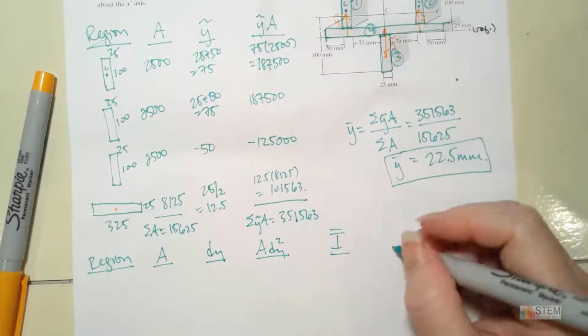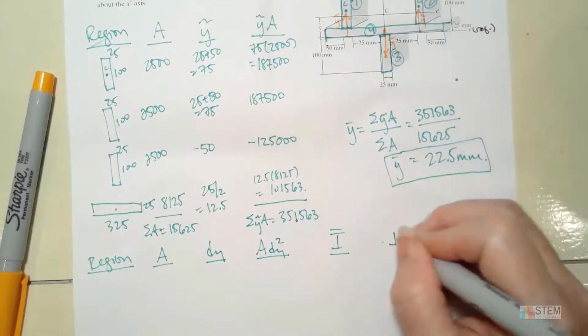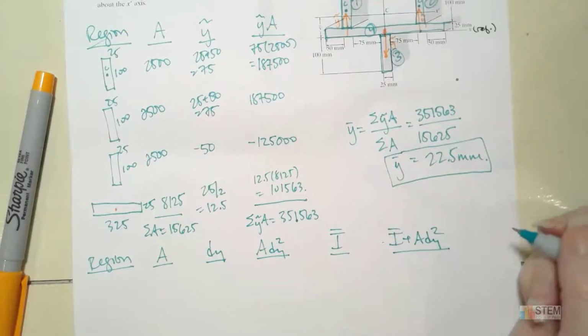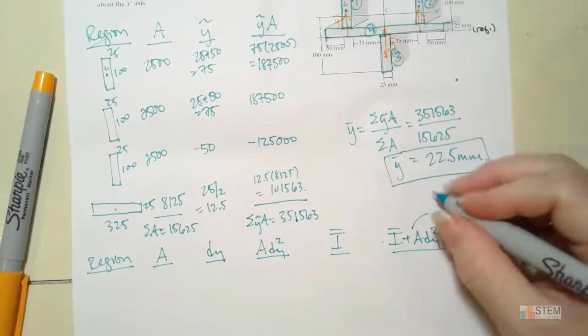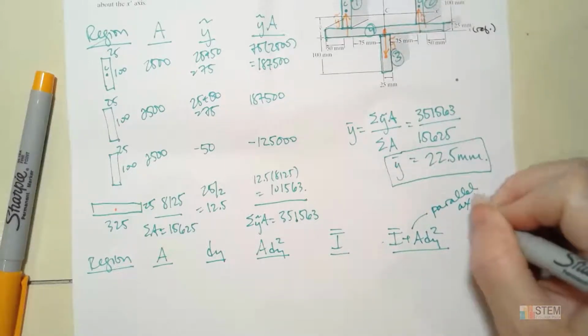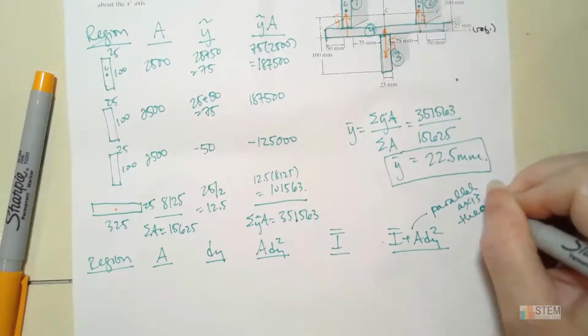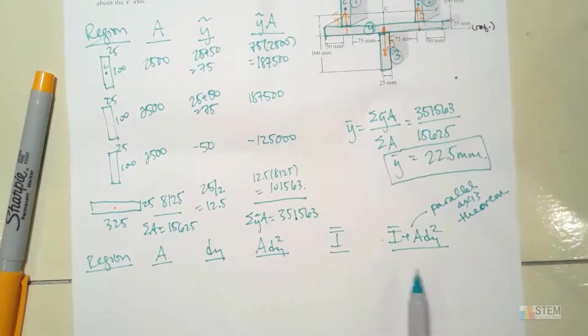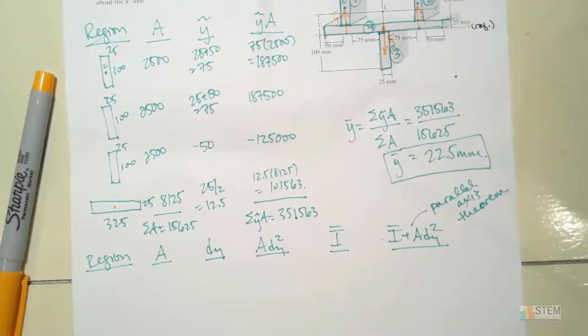I bar. And since I have room, I'm going to go ahead and put I bar plus a dy squared. All right, so remember this equation right here, this is that parallel axis theorem. Okay, so we're basically just going to get our components as we go through the region and add them all together and then get this.